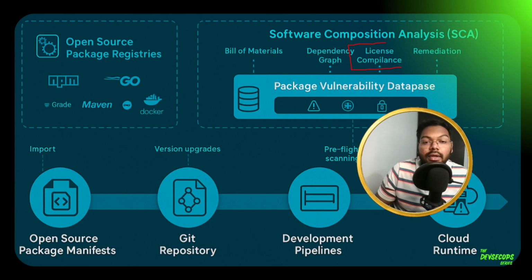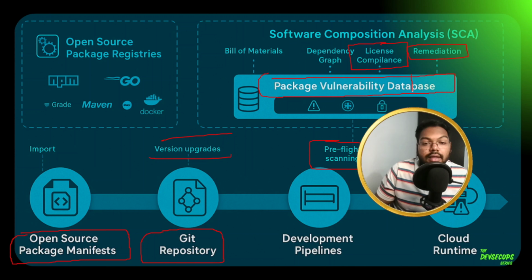So next is license compliance, which is what SCA would detect, and then it would give you remediation steps. What it shows is a package vulnerability database, so I would just mark a B for it. How it works is that it imports your open source package manifests, then checks Git repositories to see if there are any version upgrades.